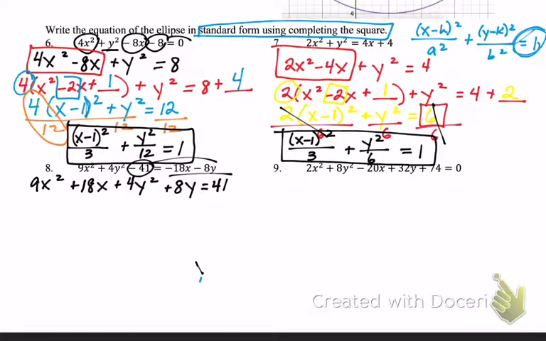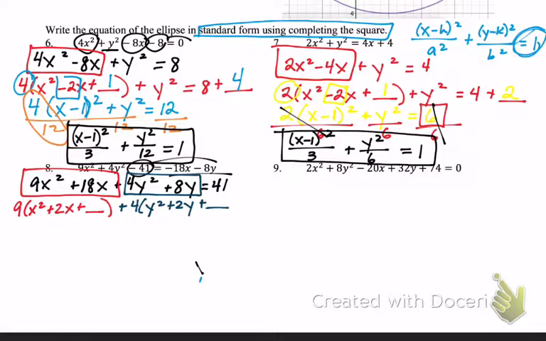Then when I look at my x's, I'm going to pull out a 9: x squared plus 2x plus blank. Then I'm going to look at my y squareds and I'm going to pull out a 4: y squared plus 2y plus blank equals, then I have 41 plus blank plus blank.